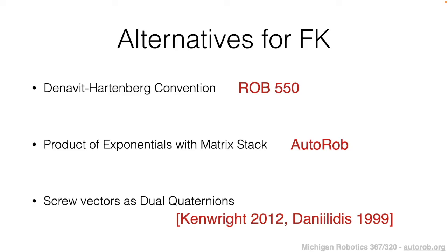In this course, we're using the matrix stack convention. A common approach you'll also see in the literature is the use of dual quaternions to represent kinematics and rigid body transformations. I want to highlight these so you're aware that alternatives to forward kinematics exist, and if you're interested in exploring them, we can discuss more during the interactive session.